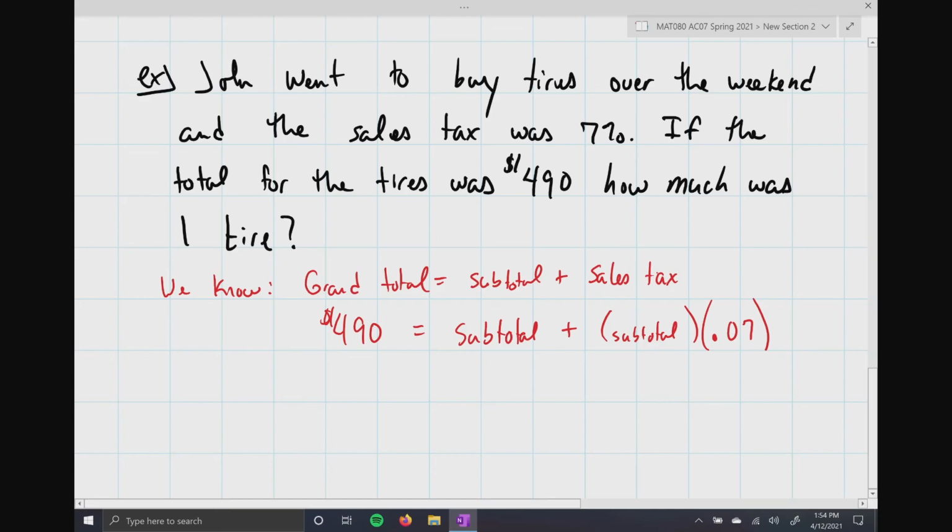Now, what if I told you my sales tax was $50? Where would you put that number?